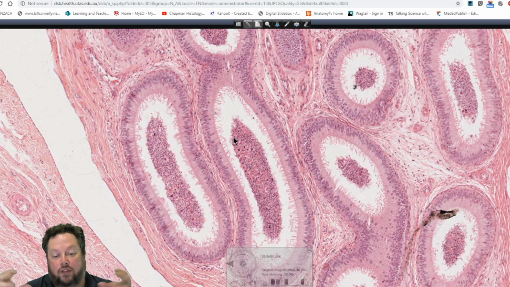They also are secretory, so they release something like a forward motility protein, which helps the sperm to actually gain their motility. So sperm actually gain their motility as they migrate through the epididymis. It takes about 12 days or so for them to migrate through the epididymis.